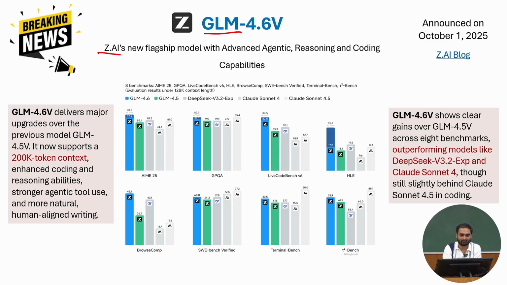So GLM 4.6V has been released on October 1, and it currently supports 200k tokens in the context, and it was shown that this outperforms models like DeepSeek V3 and Claude Sonnet 4 and so on and so forth. So another development in the open source community. So if you are interested, you can go through this blog and use this tool.